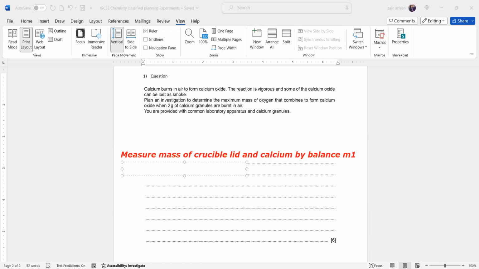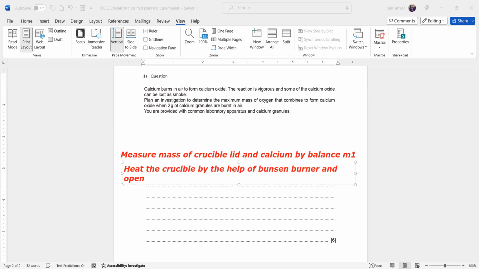Then we heat the crucible with the help of a Bunsen burner and open the lid time to time for a fresh supply of air, or you can say oxygen.